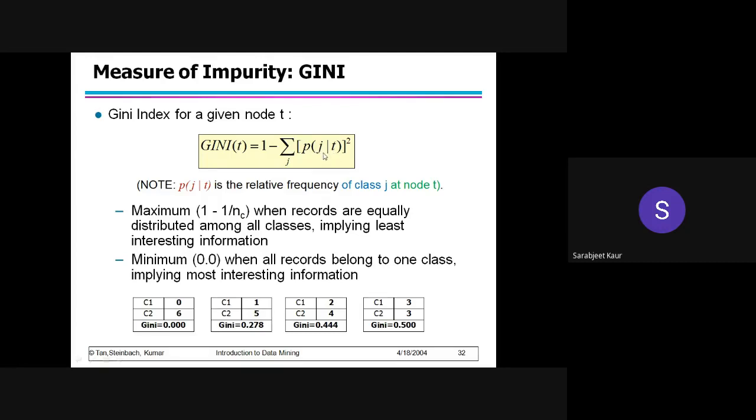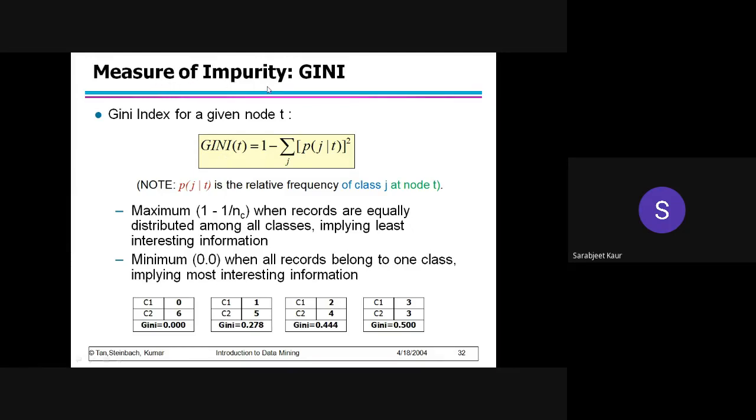If J denotes a particular class and T denotes a particular node, then PJT is the relative frequency, that is almost the probability, of having this particular class J at this particular node T. That means we are looking at how likely it is that this particular class will be present at this node T. This is the formula for Gini, and Gini measures impurity.